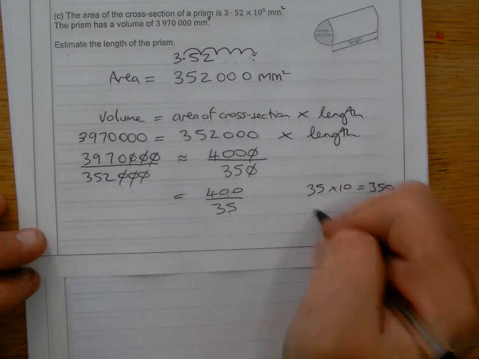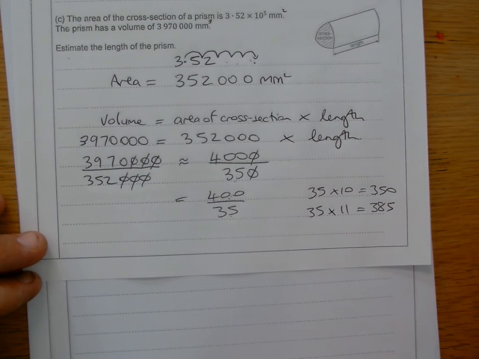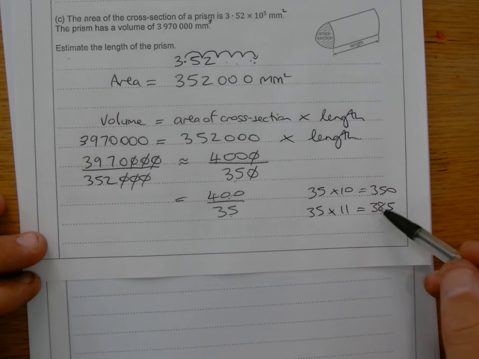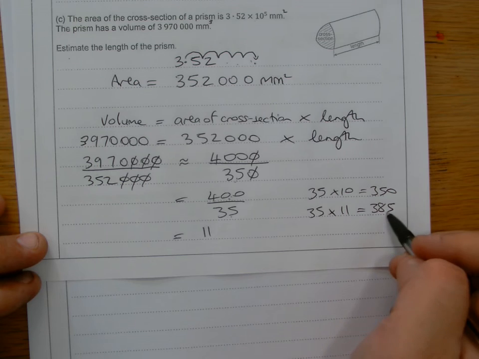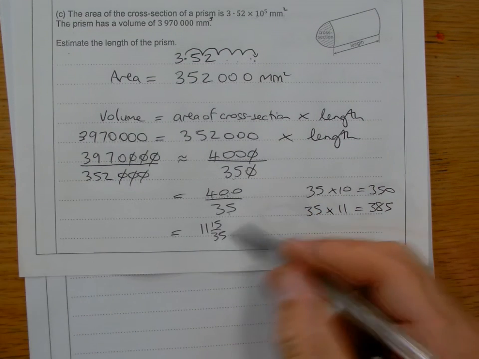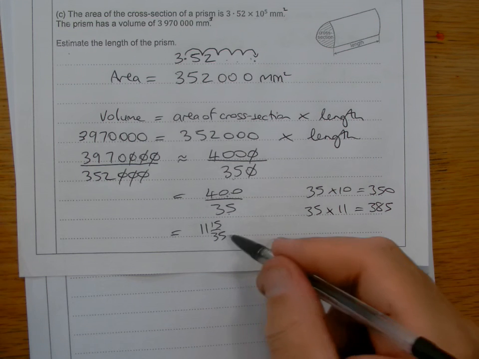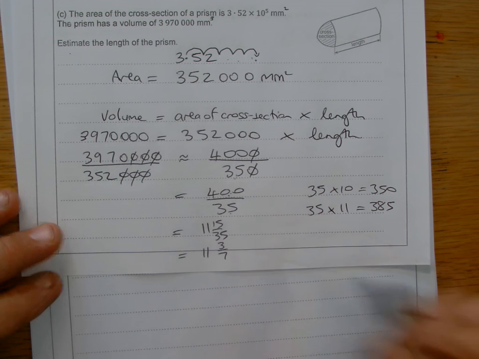So 35 times 11 will be 385. So it's going to go into 11 times, and there's going to be 15 left over 35. In a question like this, it would be fine to leave your answer like that. Then you could simplify this down, so you get 3/7 there.